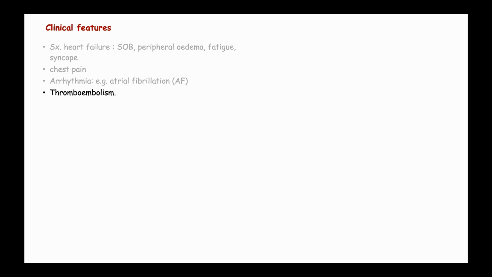This is why we get thromboembolism. And so on physical examination, what we usually see is a displaced heartbeat secondary to the left ventricular dilation. Then we may also hear S3 and S4 gallop when we auscultate.